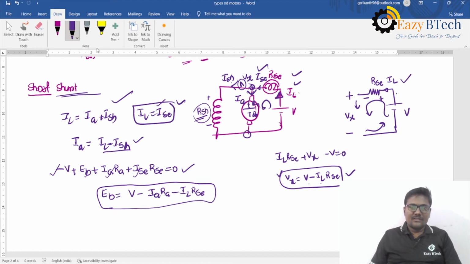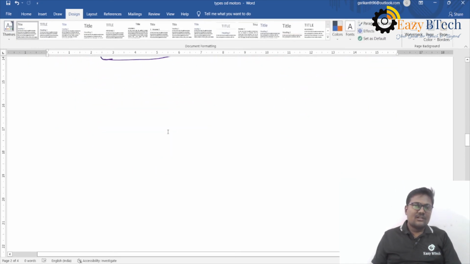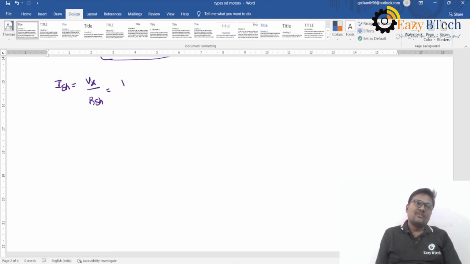If you want to find out the shunt current, the potential across this field winding is Vx. So now ISH is equal to Vx divided by RSH. That means V minus IL into RSC divided by RSH.